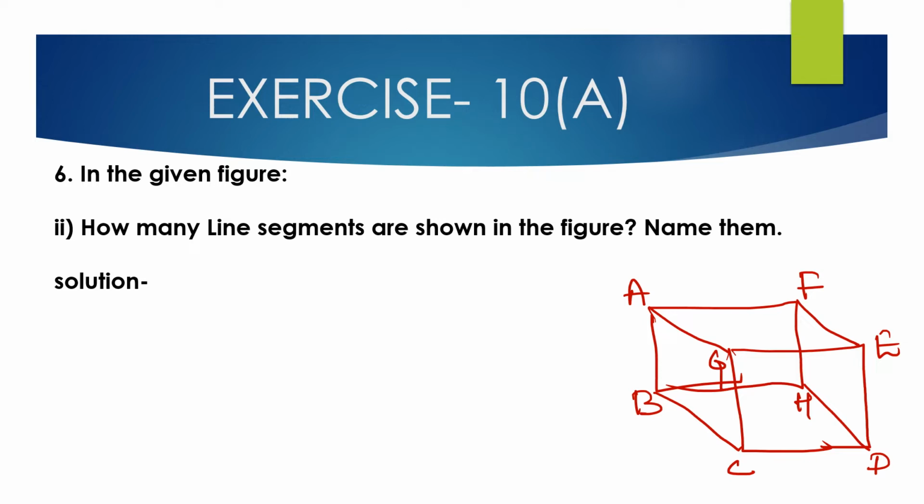How many line segments are shown in the figure? So the line segments are AG, AB, BC, GC.